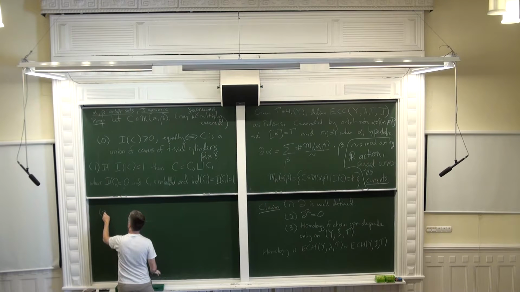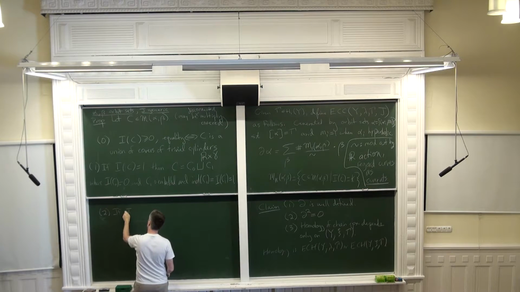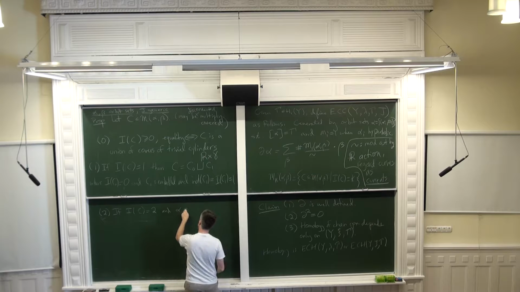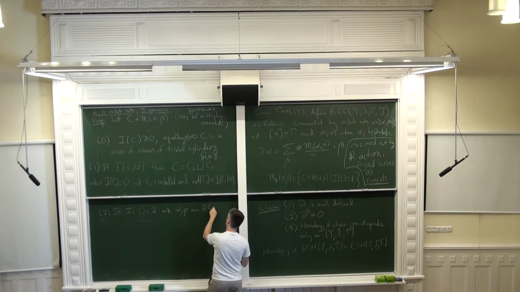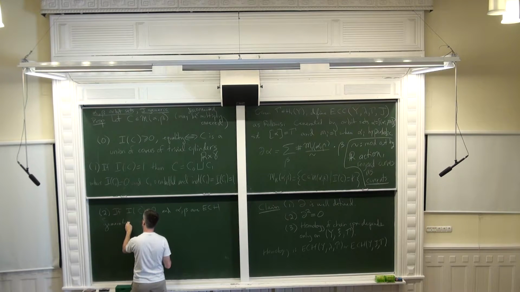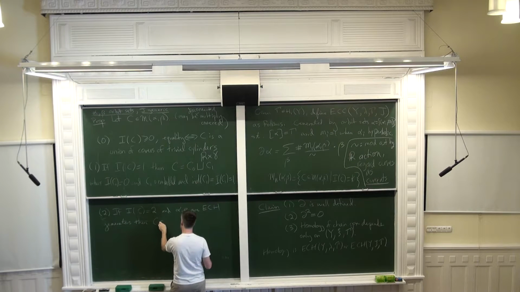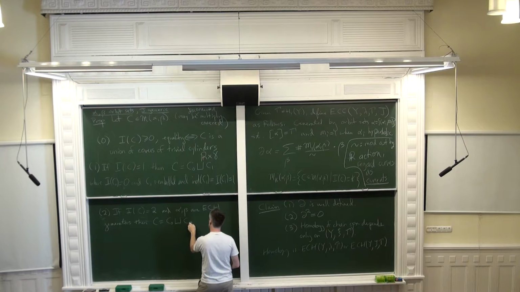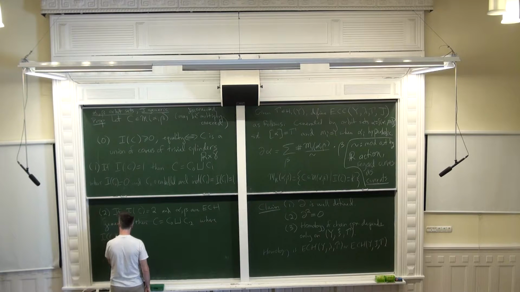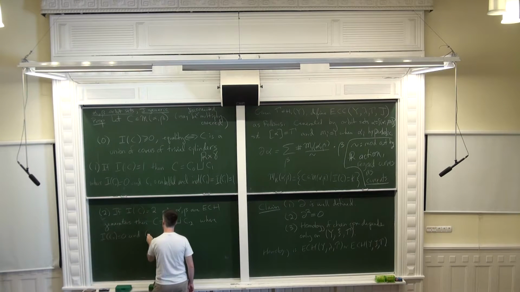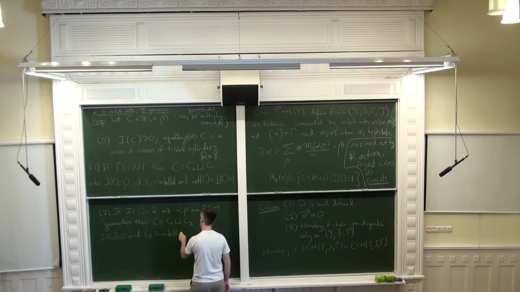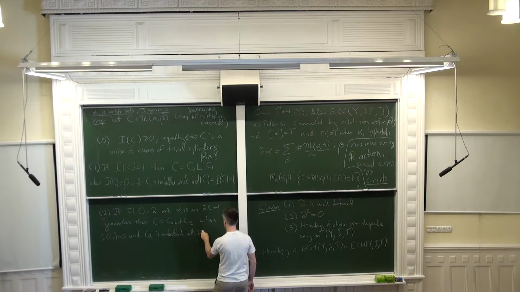For part 2, if I(C) equals 2, and alpha and beta are ECH generators, then C can be written as the disjoint union of C0 and C2, where I(C0) equals 0, and C2 is embedded, if I equals 2.